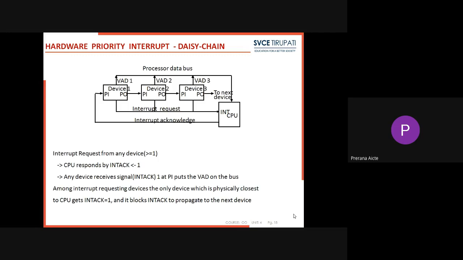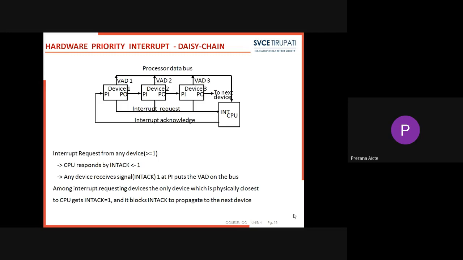The acknowledgement signal passes on to the next device through the PO, that is priority output, only if device 1 is not requesting an interrupt. For example, if device 1 has a pending interrupt, it blocks the acknowledgement signal from the next device by placing 0 in the priority output.